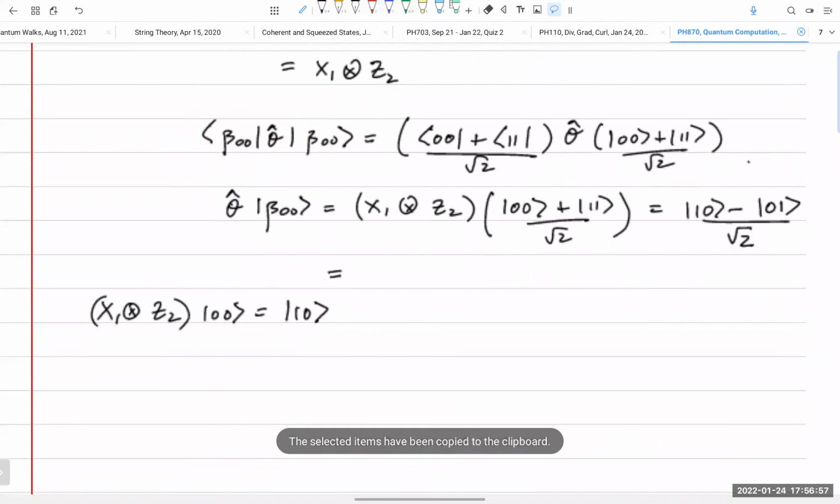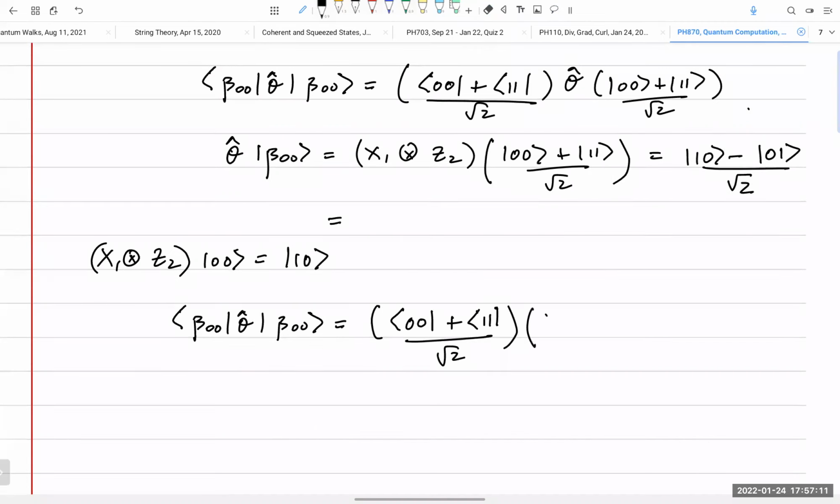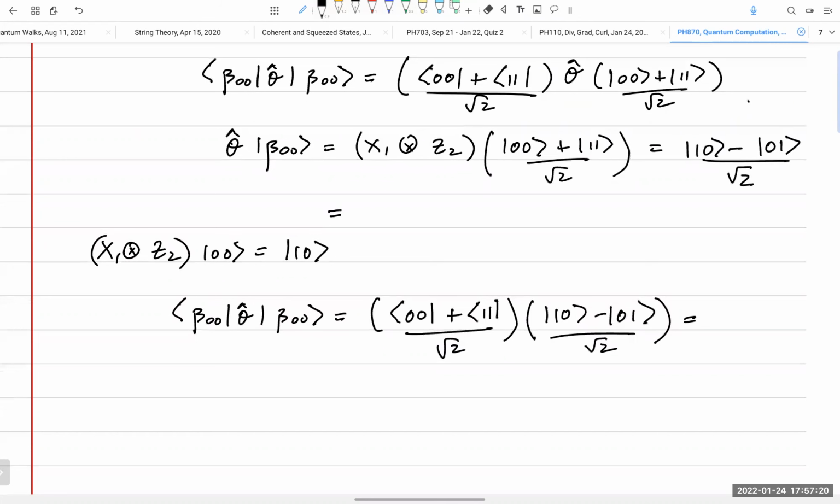So now I can write down this expectation value. What is this expectation value going to be? It's going to be the inner product of the adjoint ket with the state that I get by acting upon with this operator x1 z2, right?